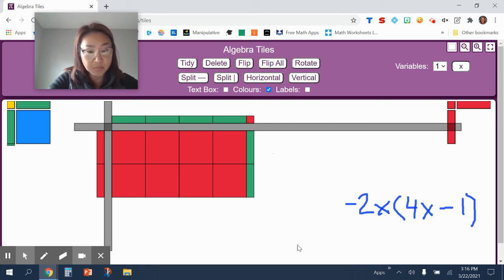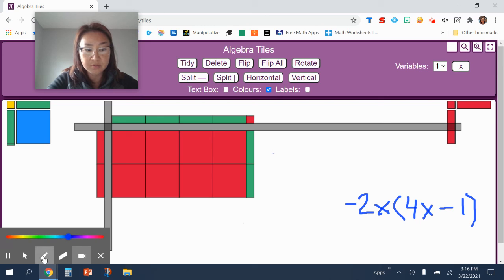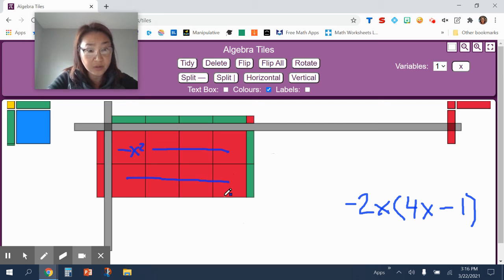So this is a picture of multiplying negative 2x times positive 4x minus 1. So if you notice right here, these are negative x squares. I'm not going to write all of them. It'll take me too long. So all these, right, are negative x squares. How many of them are there? There's 1, 2, 3, 4, 5, 6, 7, 8 of them, right?